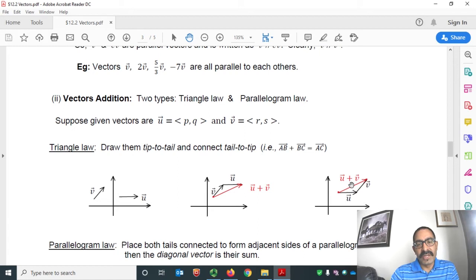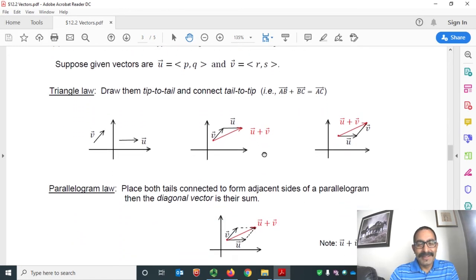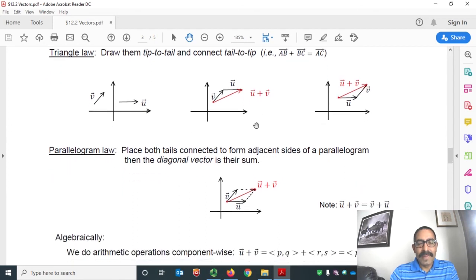It forms a triangle, so the name is triangle law. Similarly, for the parallelogram law, place both tails of the vectors together to form adjacent sides of a parallelogram. Then the diagonal vector is their sum.